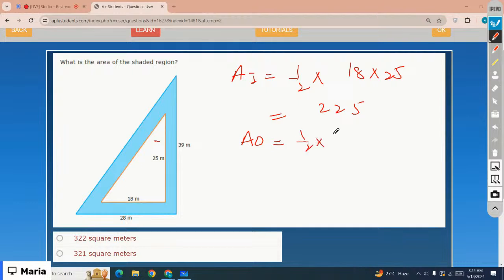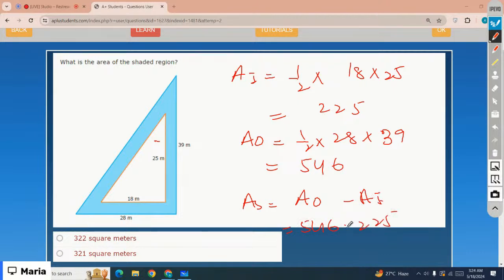Half times base times height, that is 546. So for the area of the shaded region, just subtract the area of the inner one out of the outer one. That is 546 minus 225. That is 321 square meters. The correct option is 321 square meters.